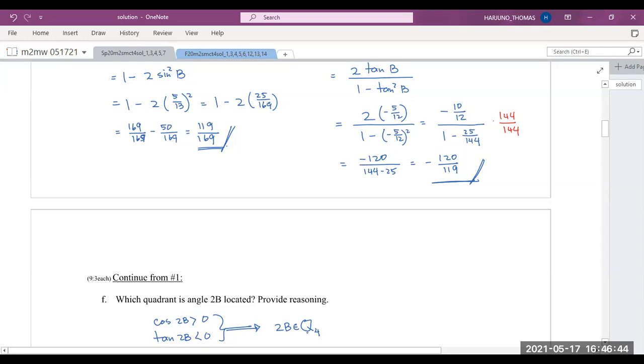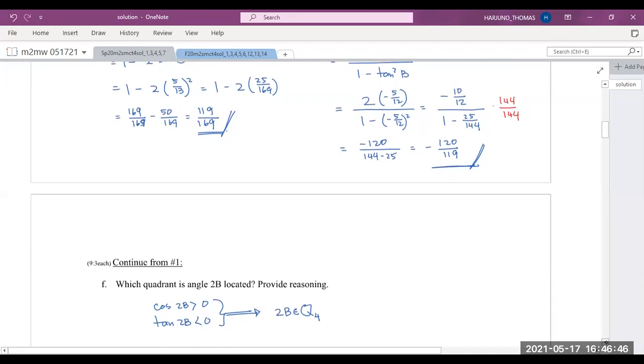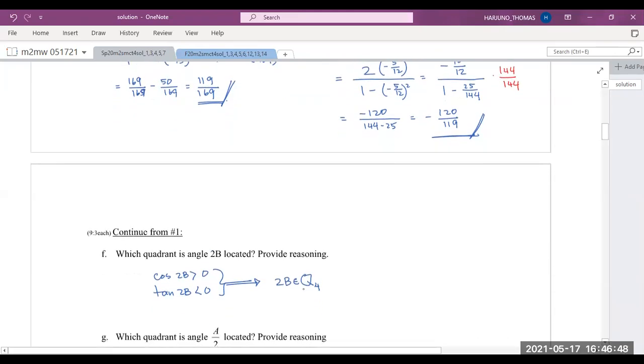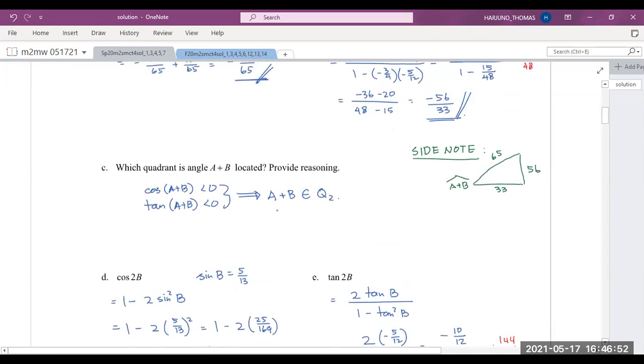Okay, that's for part F. Let's go on. So the reasoning is actually quite short, right? I say provide the reasoning, and your reasoning is this. That's it. Okay. Let's go on.